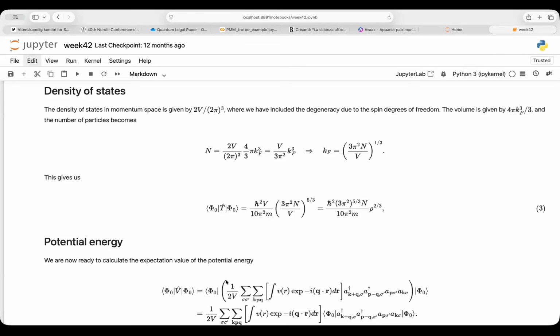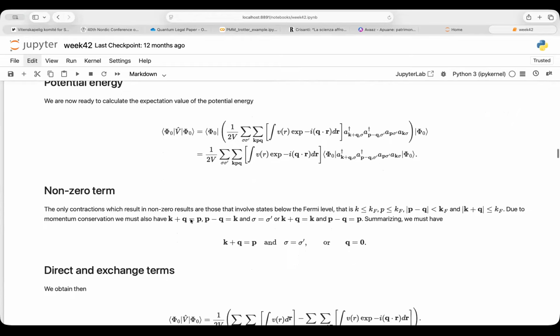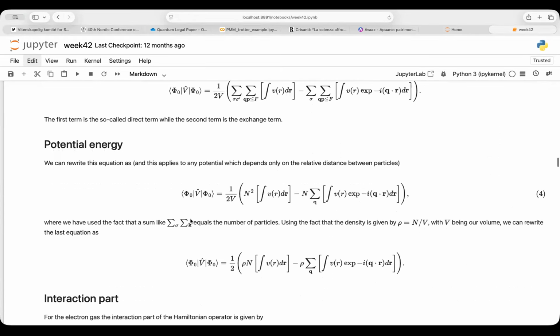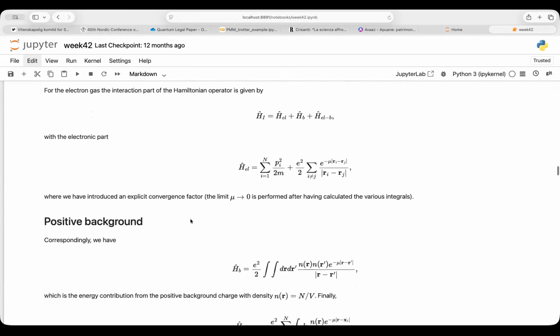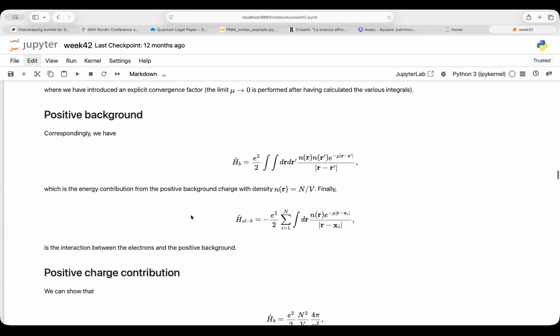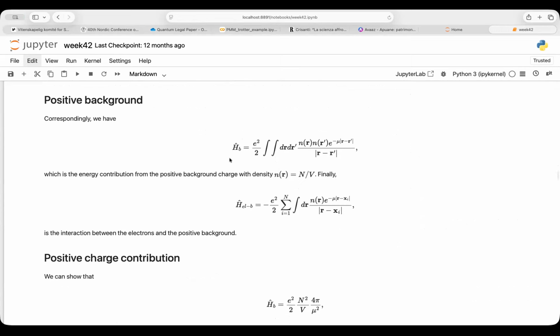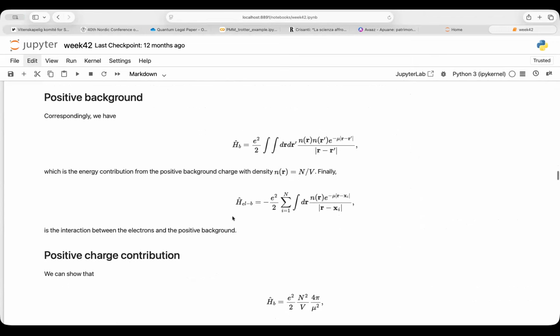So let's just go back to the notes from this week. When you now look at these terms, if we just scroll down a little bit, there's going to be an interaction part, and that term which we have seen now is going to cancel this term from the positive background. So this is just the density of protons or ions which we have. And then this is an electron background term.